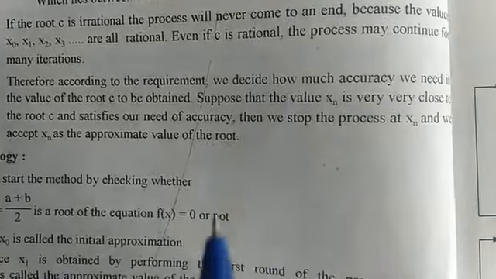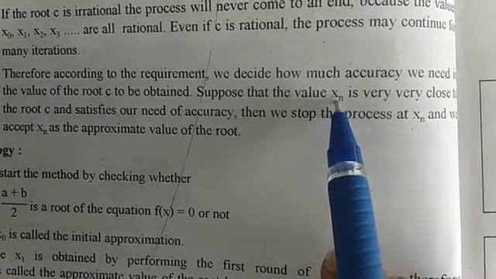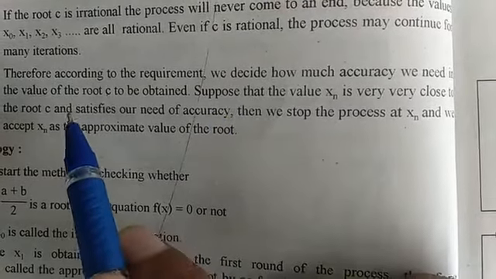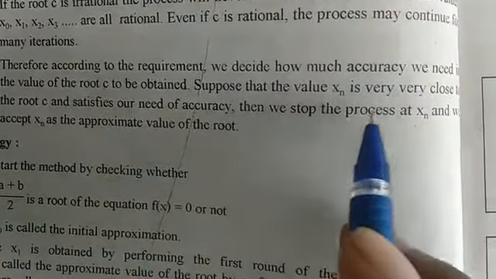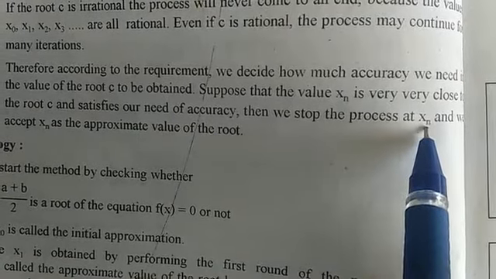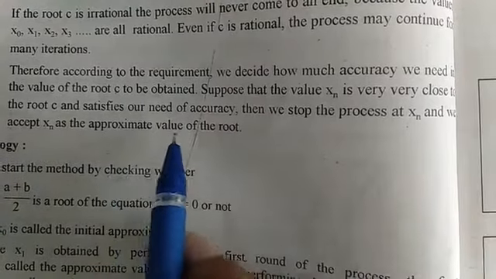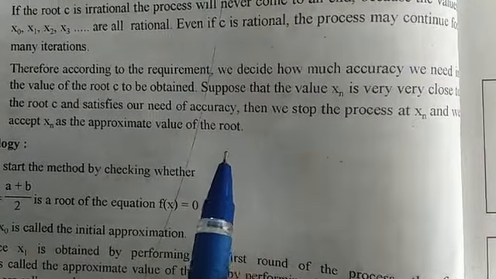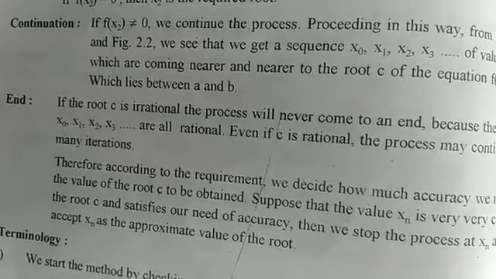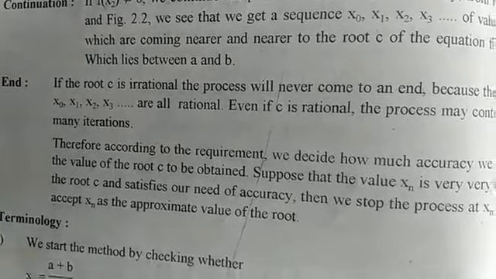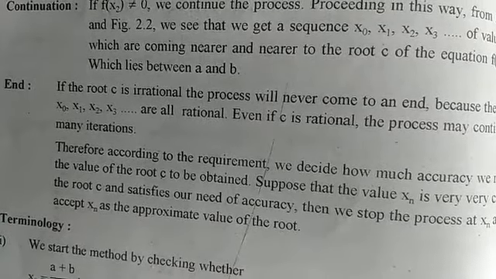That means if we get the value xn closer to that intersecting point, we say that it is an approximate value, we stop the process at xn, and we accept xn as the approximate value of that root. So this is the procedure for the bisection method. Now we will see examples related to this bisection method.